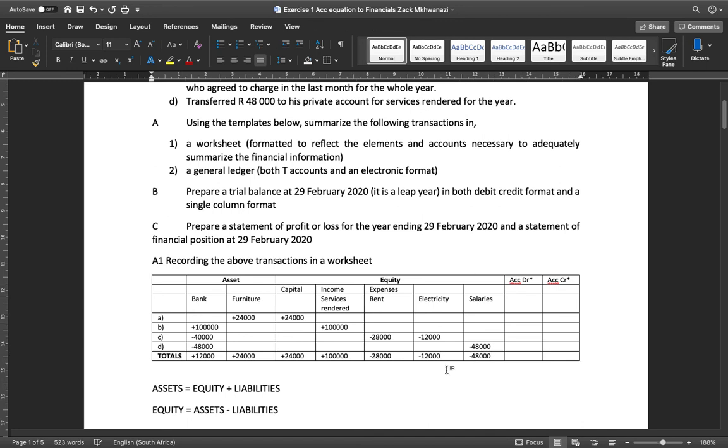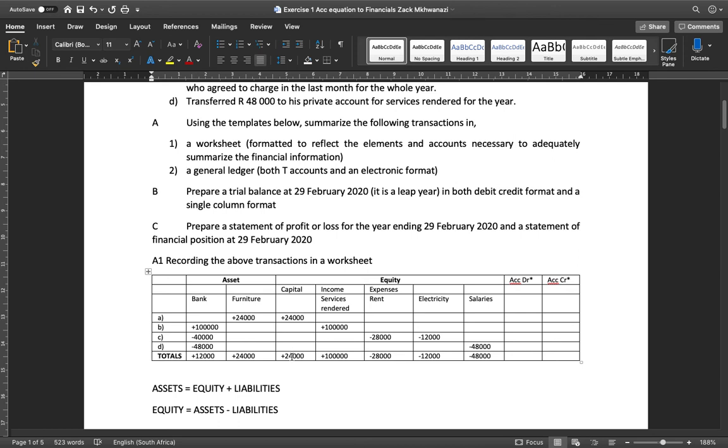Now if we just go and quickly work this out, 12 plus 24 is 36, that's 36, right?